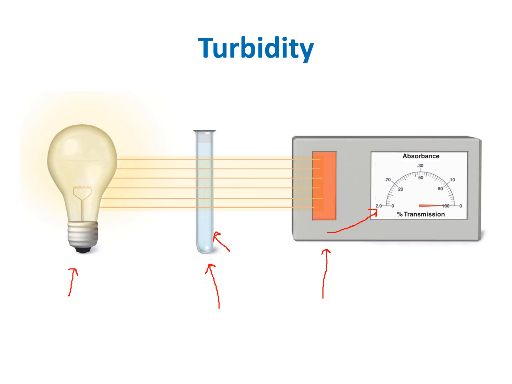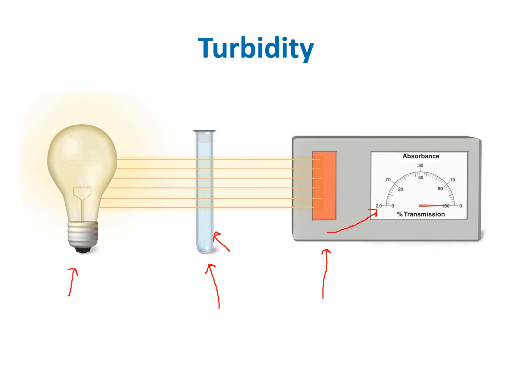dial. And we can look at the absorbance of light either as transmission. So transmission describes how much light actually passed through the specimen as a percentage, or we can look at absorbance, which is measured in optical density units. And the more turbid your specimen is, the greater its optical density and thus its absorbance.